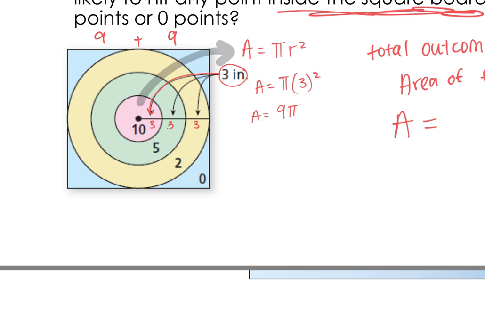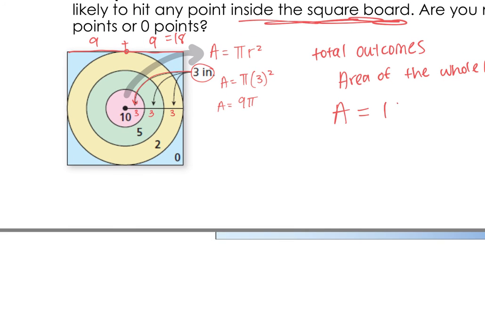The radius is 9, so it's going to be 18. That's one of the sides, and the other side is also 18, so it's a square. So our area is going to be 18 times 18 because this is a square board. So the area of the whole thing is 324 inches squared.